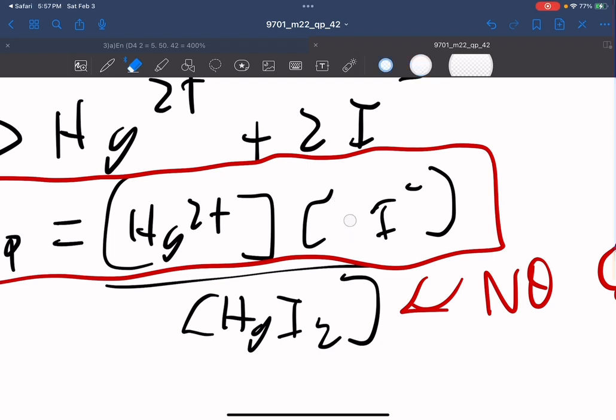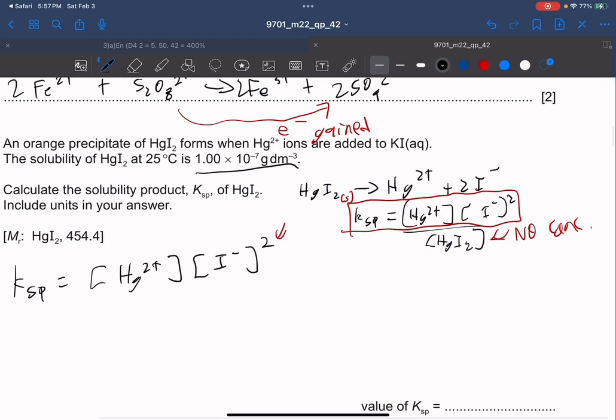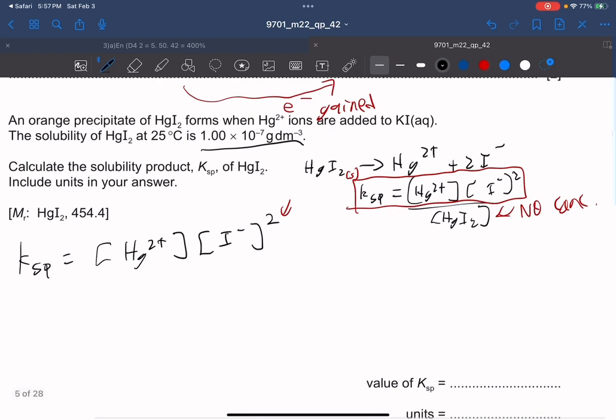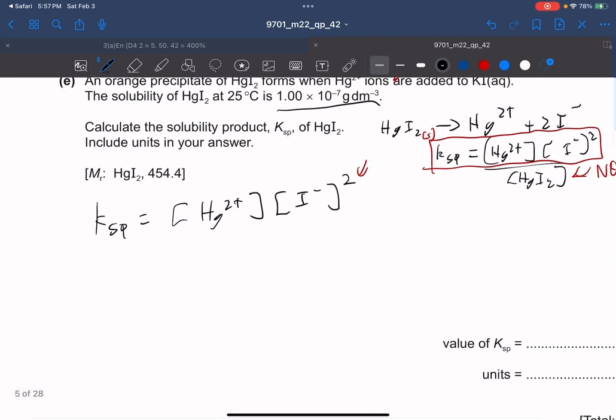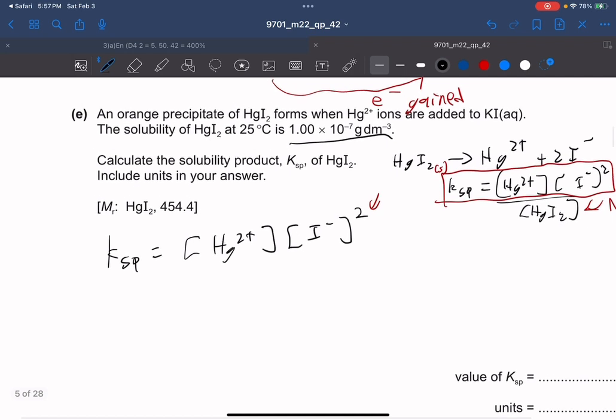Sorry, I messed up the square here. So this is exactly like you would write an equilibrium constant, back in AS. So that's what Ksp is. We're going to calculate the solubility product.